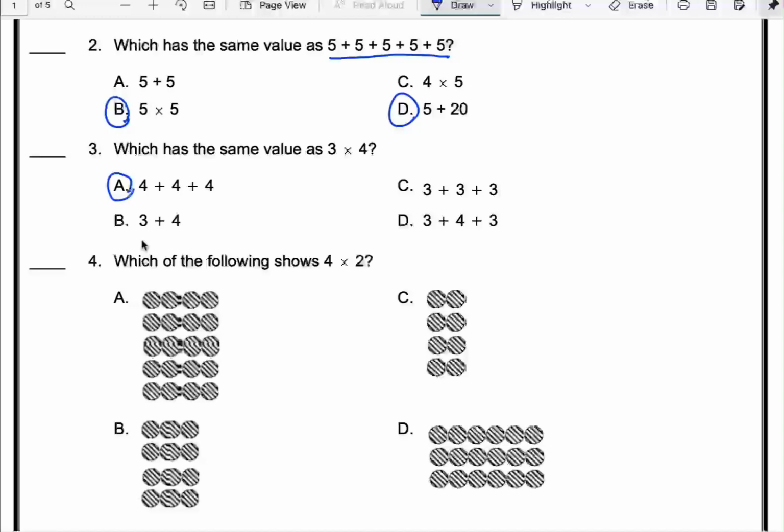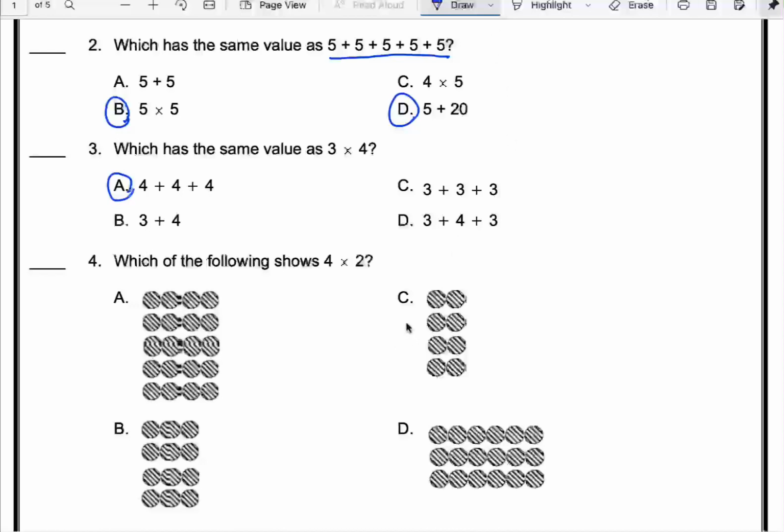Anas Usama. Yes, teacher. Which of the following shows 4 multiplied by 2? C. Okay, can you explain?